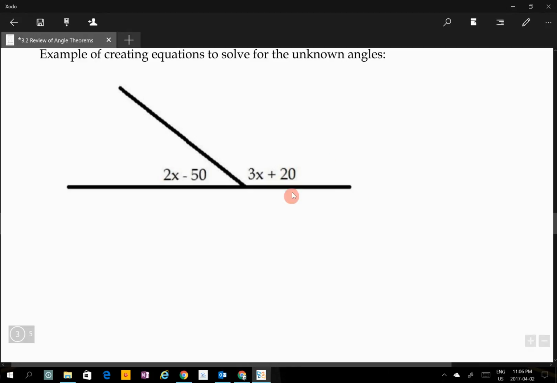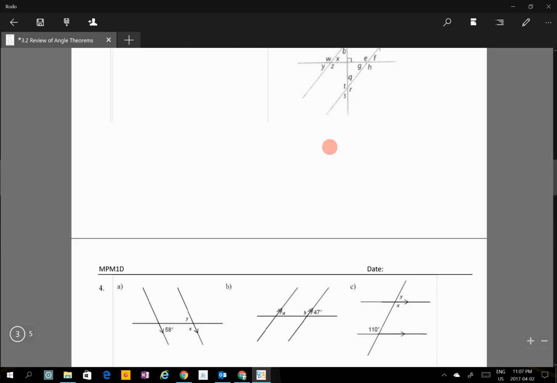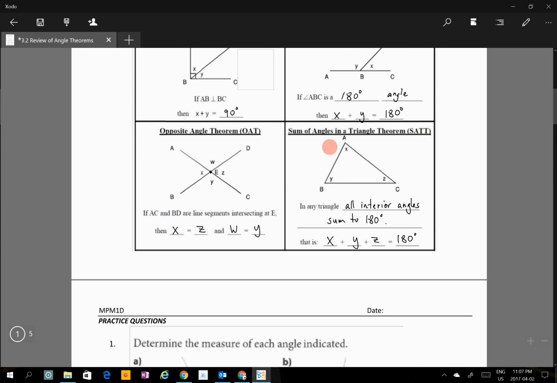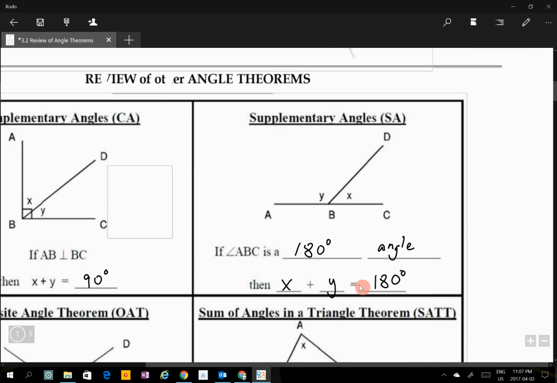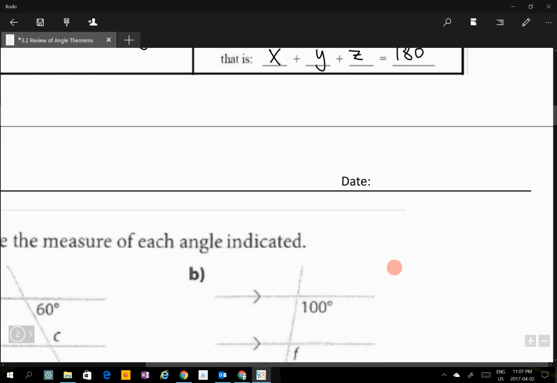So what you see here is a straight line, okay? And we have another line segment here, so that's dividing these two angles, this one over here and this one over here. And I'm going to use this rule that says the sum of these two supplementary angles, remember this one? Supplementary angles, this rule right here, so the addition of those two angles have to add up to 180 degrees, okay?